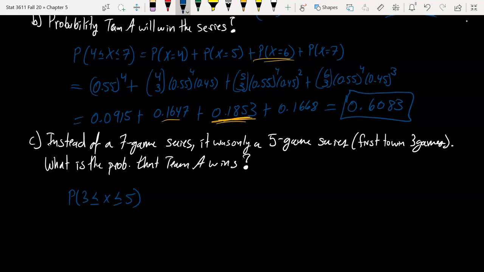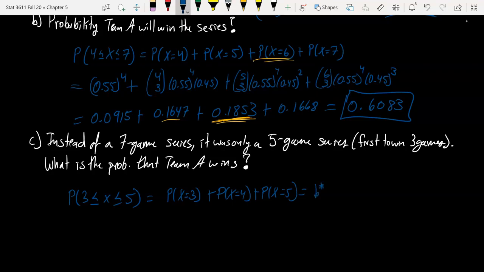But you're only needing to win 3. So this is a negative binomial question where we can break this up into separate parts again. Probability that X is equal to 3, plus the probability that X is equal to 4, plus the probability that X is equal to 5, but make sure you update your parameters here.